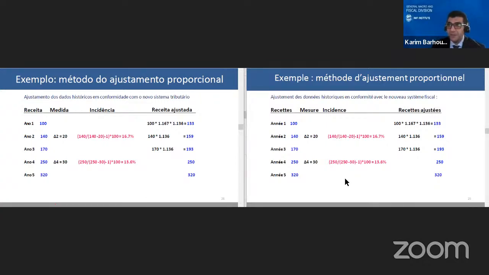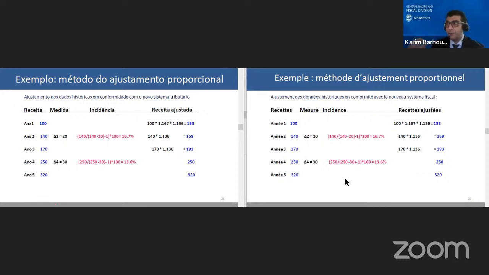This gives us an idea that the discretionary action in year 4 raised the revenue collection in that year by 13.6%. Similarly, the effect in year 2 was to raise revenue in that year by 16.7%.